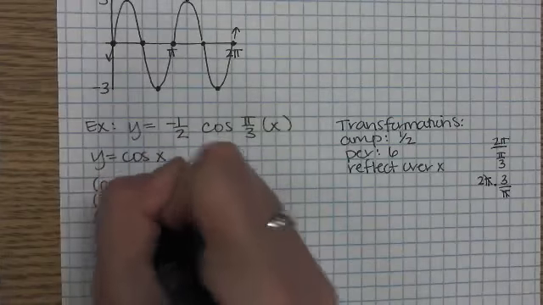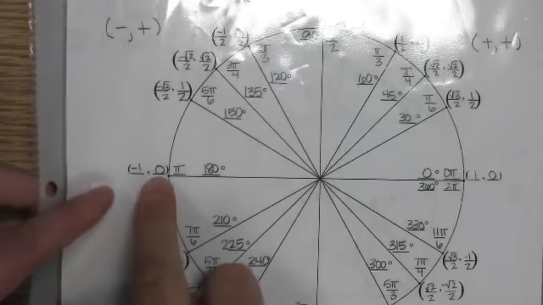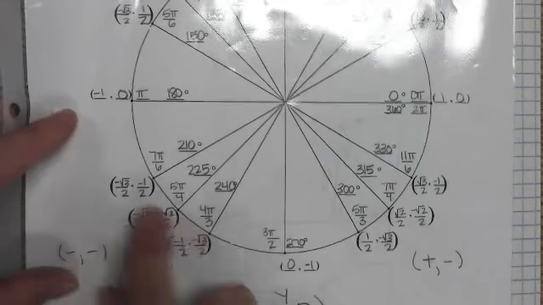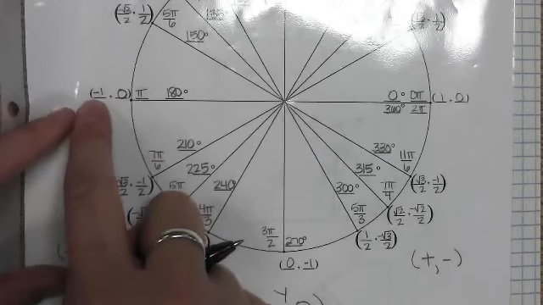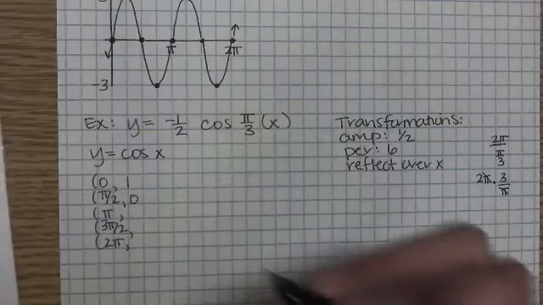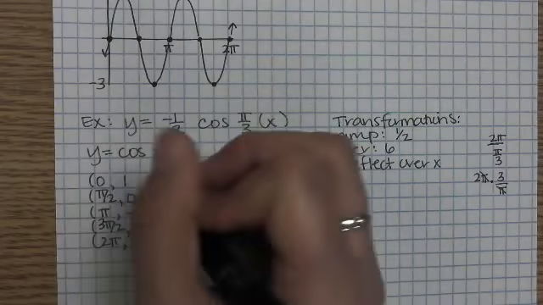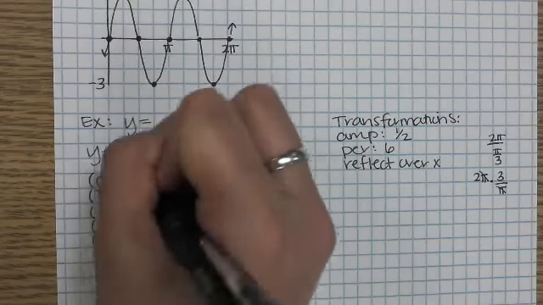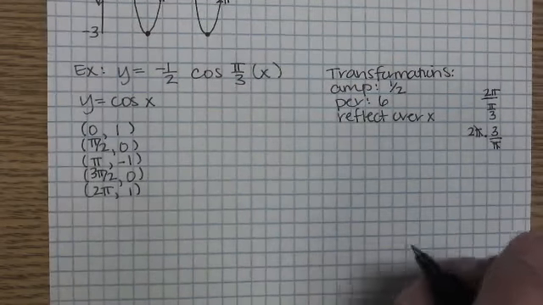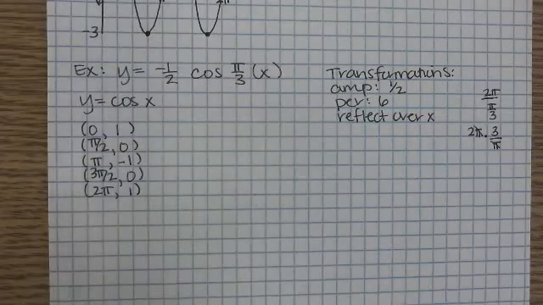And then we've got 0, and then we've got -1, x coordinate, and then 0. And then at 2 pi, we're back to 1. Okay, so there are the 5 points that are important for a cosine graph.